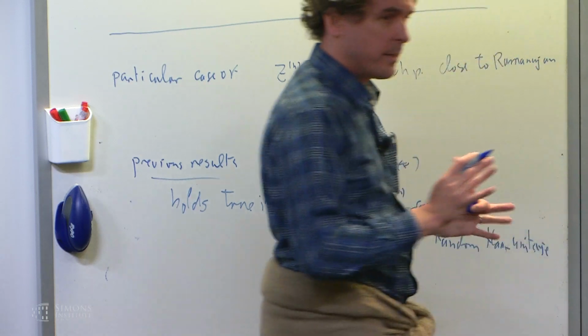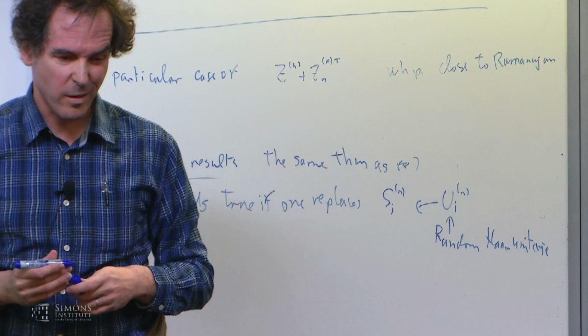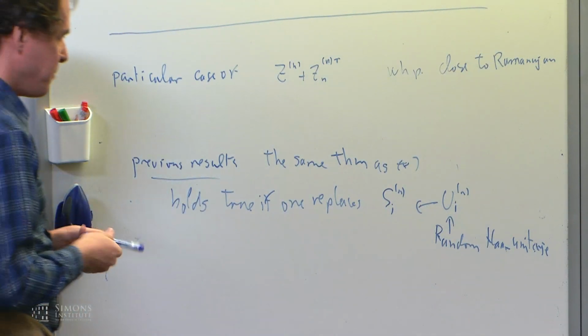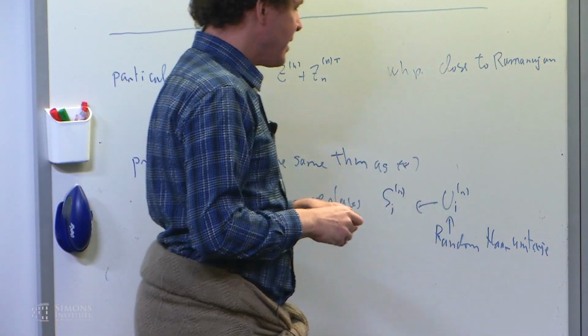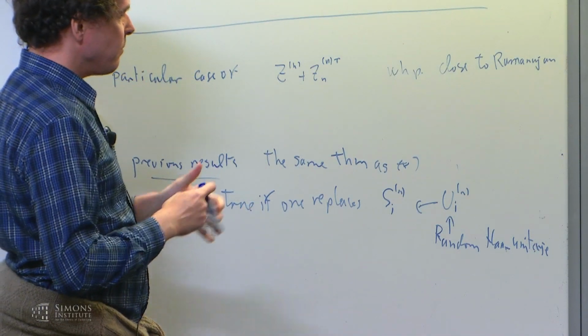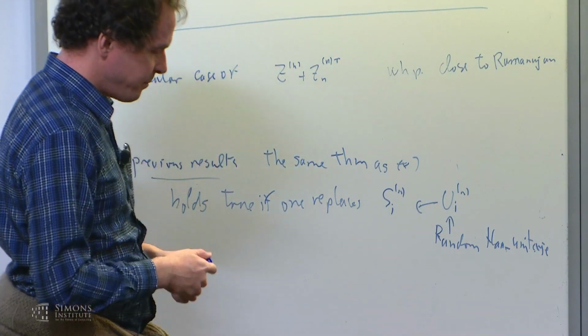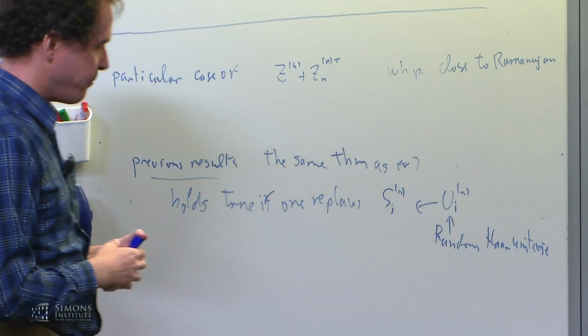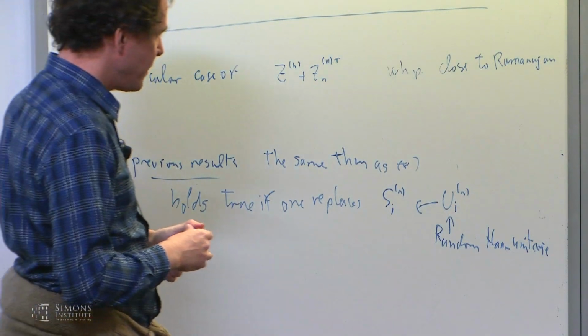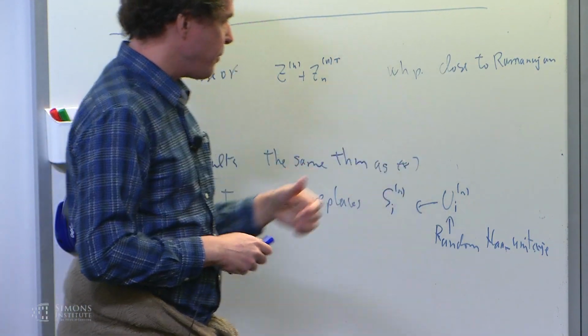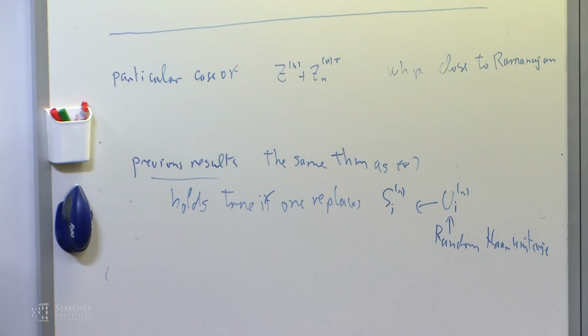So this becomes really actual random matrix theory. We take the unitary group, which has a unique left and right invariant probability measure, the Haar measure, and instead of taking random permutations, we take the Haar measure, and then the result holds true.